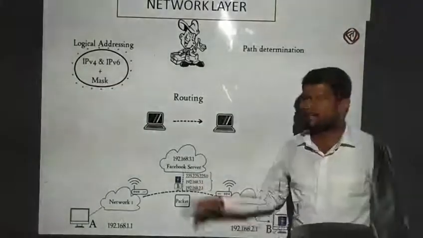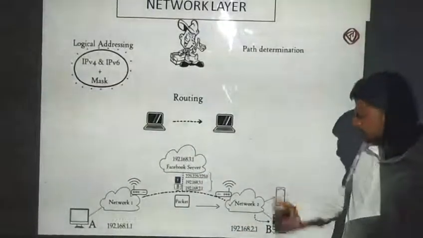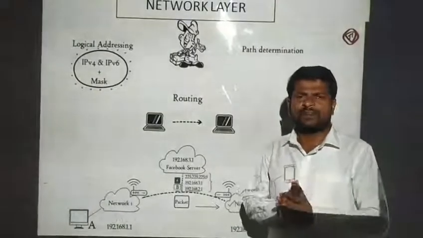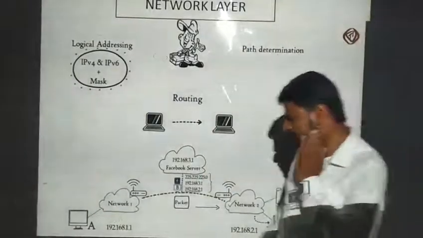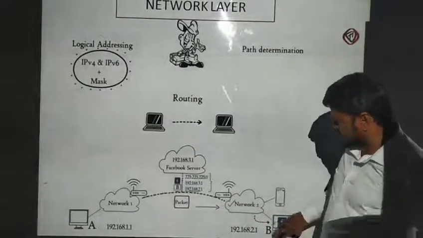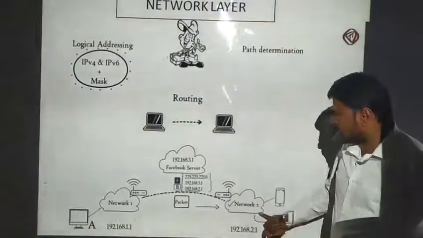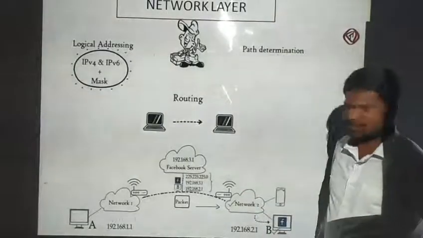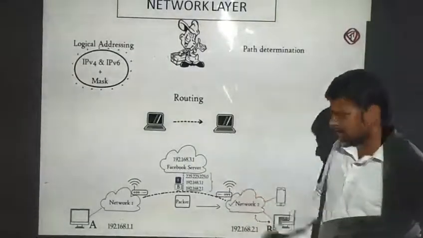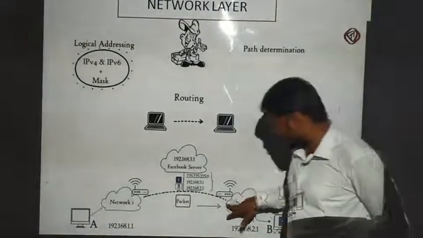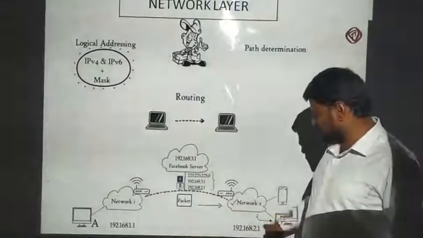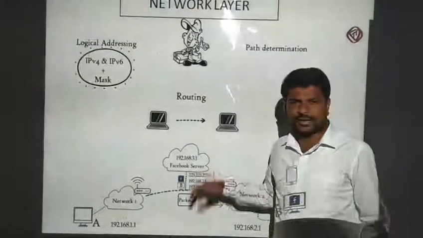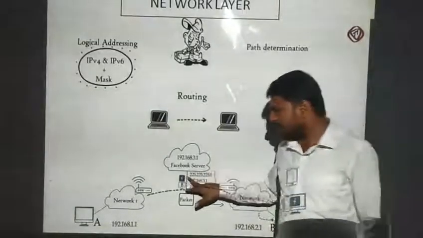Here you will see next is routing. Routing means, when networks are of different types. Here you will see this is computer A and computer B. This computer B is accessing a Facebook server, with some query asked by computer B. What will happen after the query reaches the server?